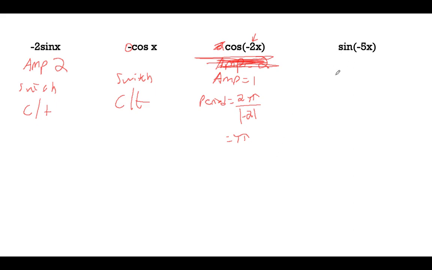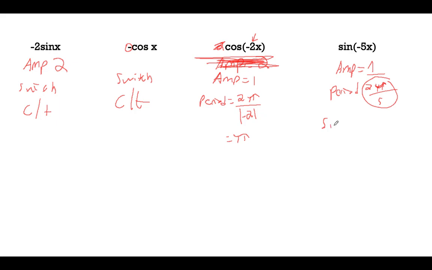And then for sine, the amplitude is unchanged. The period is 2 pi divided by the absolute value of negative 5, which is just 5. That's just 2 pi, so your period is 2 pi over 5. Can't simplify that.